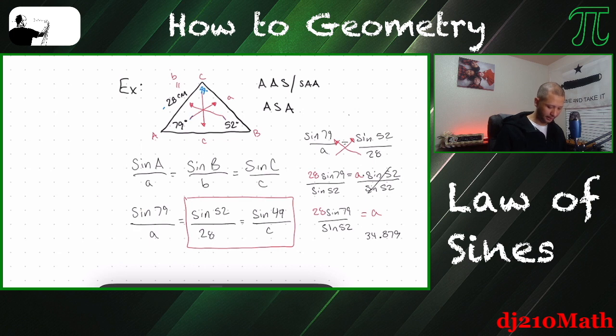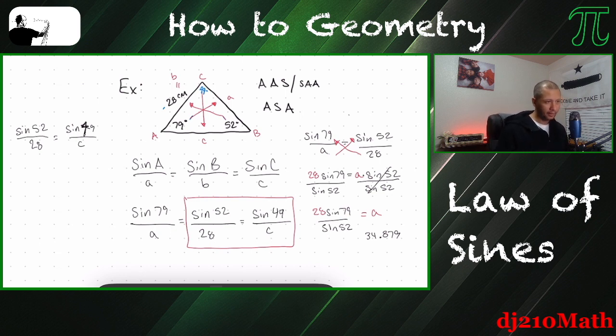So off to the side, I'm going to use sine 52 over 28 is equal to sine 49 over little c.